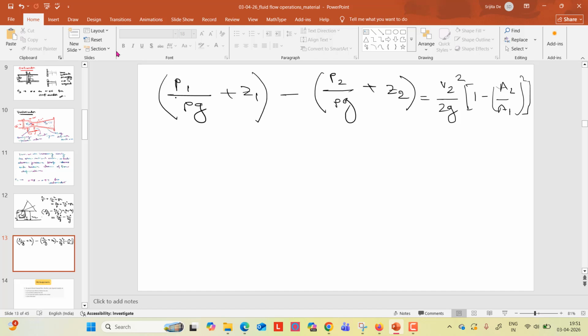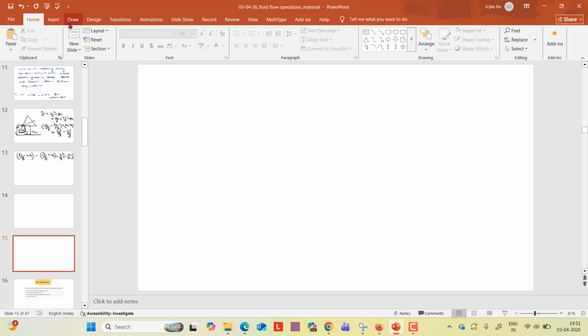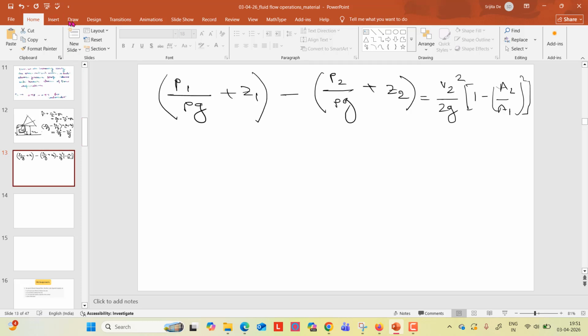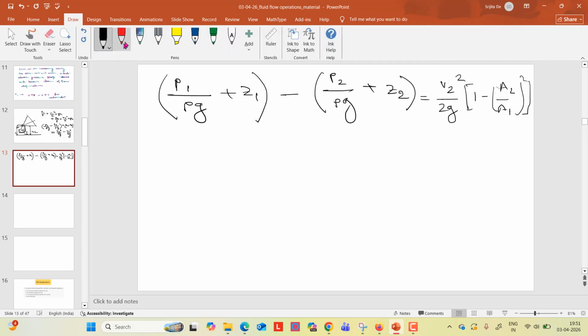So this term we can write as H1 star, and this term we can write as H2 star. Both of these are piezometric head.